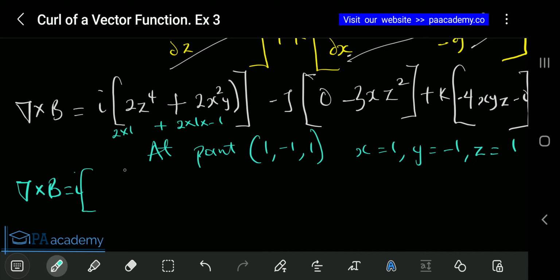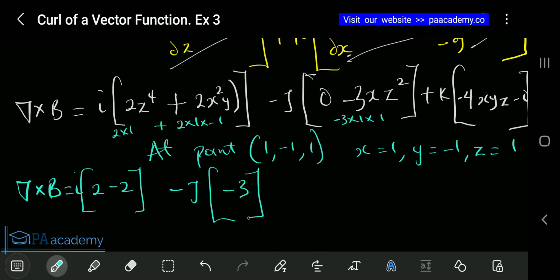So what we're going to be having here is 2 minus 2. Are we good? That's for i. So let's move over to j, so that will be minus j. This is 0 already, so let's just ignore it. So we are having -3 multiplied by x is 1, and then z squared, which is 1 squared multiplied by 1. So this is going to be -3, and that is it for j.